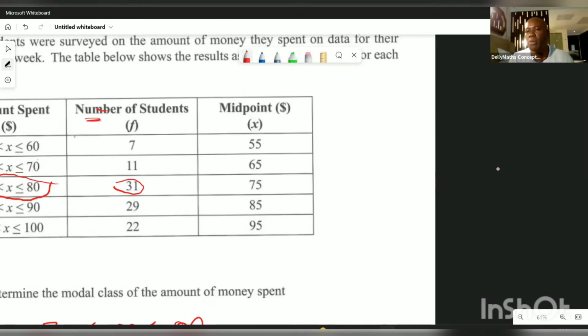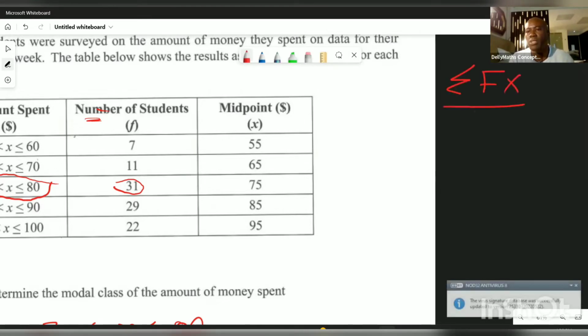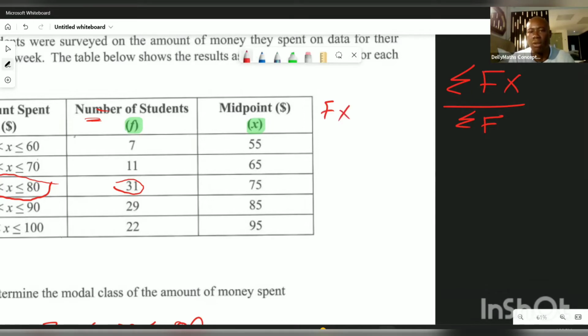The formula for the mean is the sum of fx over the sum of f. Here is my f and that's my x, so I'm going to create an fx column, extending these lines so we can have the working in there.